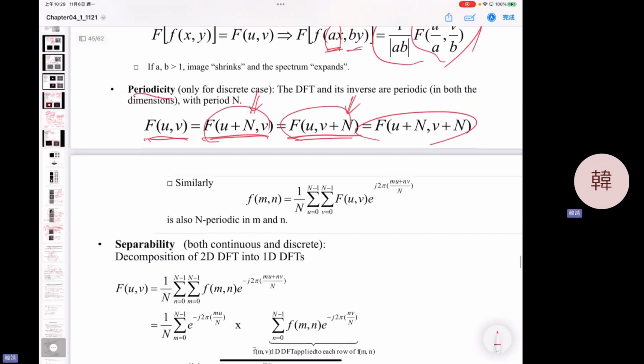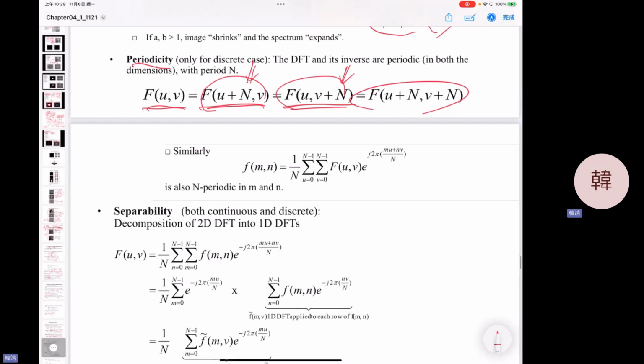So when you have this result and use frequency domain operations, you are going to extract only the N by N part in the upper left corner. Okay, we will summarize all this process. Because they are repeated results, you are going to extract only part of the output image from your processing.